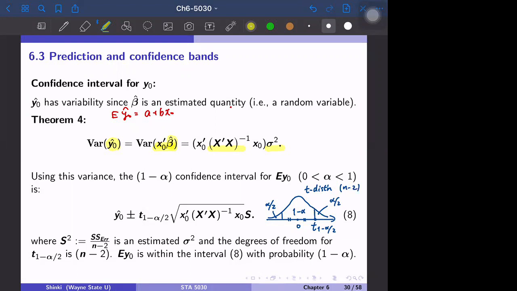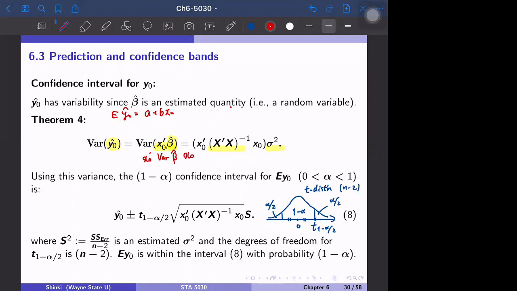And in general, if we have some constant times some random variable, this constant can be taken out of the variance. To be exact, the variance of this is x naught transposed times the variance of beta hat times x naught.